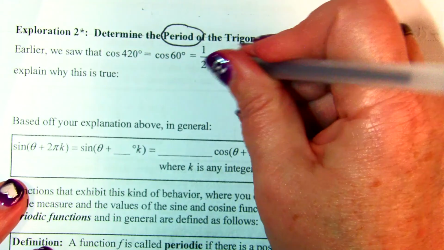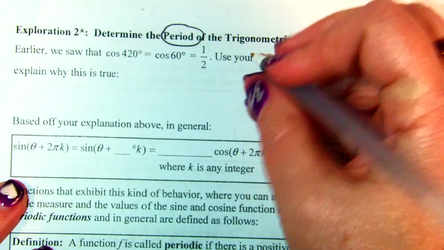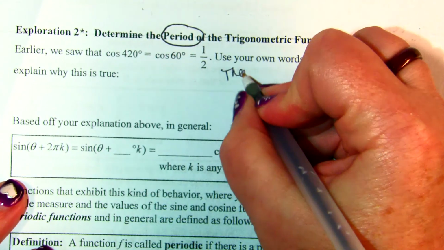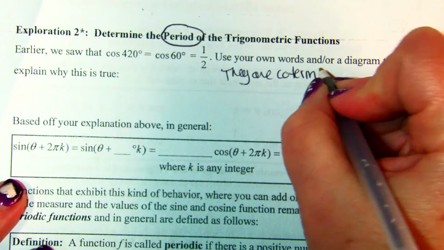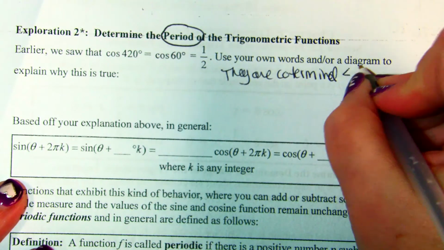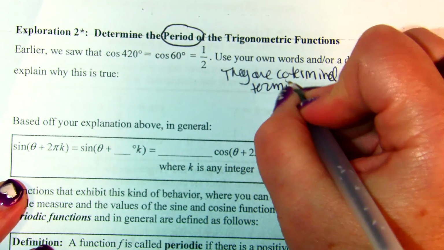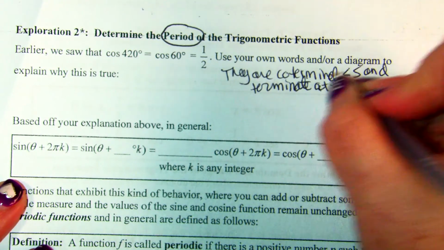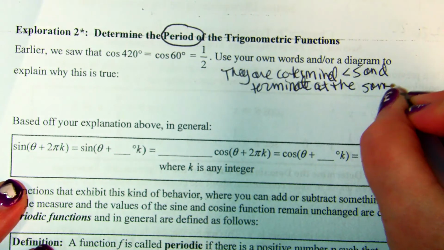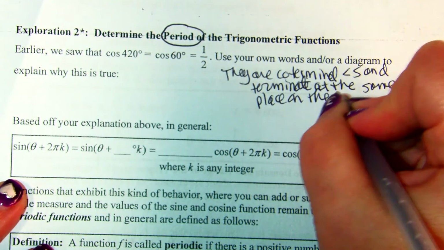The reason 420 and 60 both have the same cosine, 1/2, is that they are coterminal angles and terminate at the same place on the unit circle.